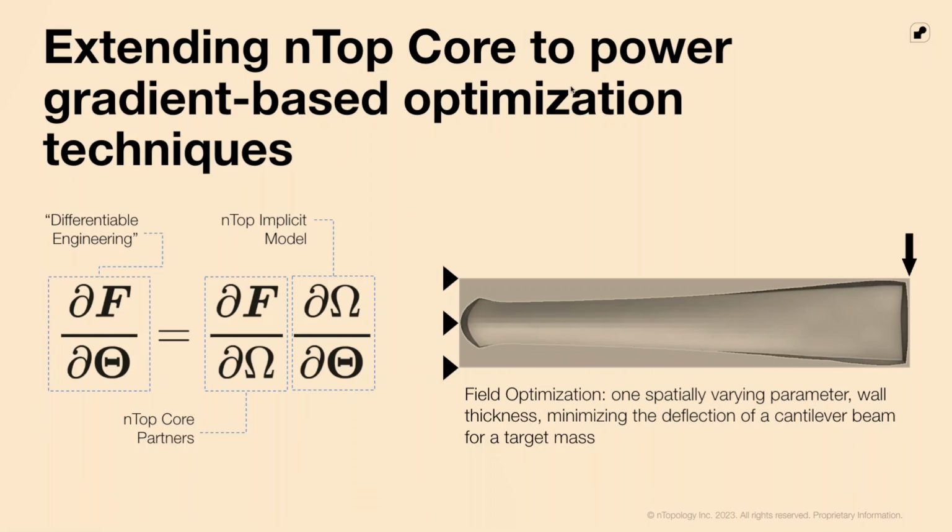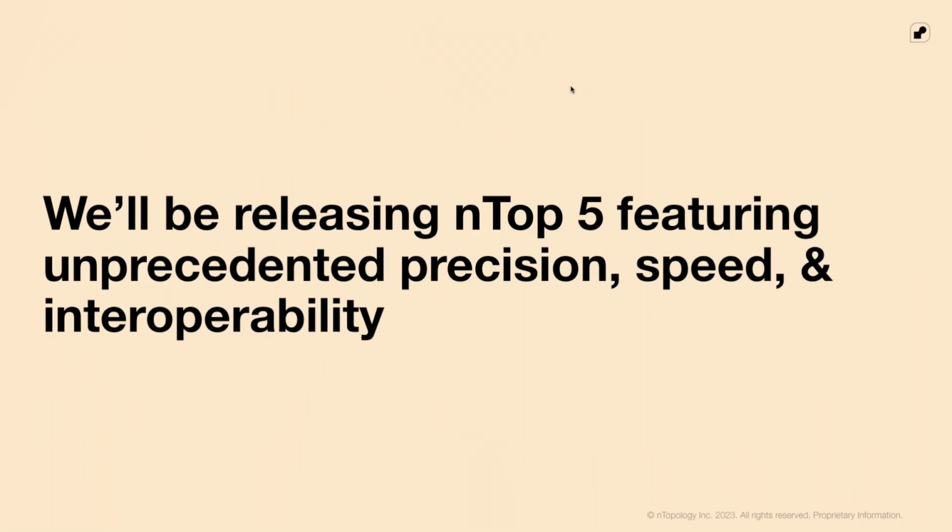This is an overly simplified cantilever beam example, but it's one parameter varying the shell thickness of the beam that's optimized. By doing this, we're basically decoupling the geometry from the physics, so that any implicit model that's parametric could be tied to any physics optimization to create these more optimal workflows.